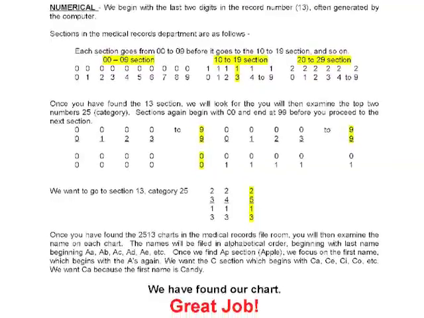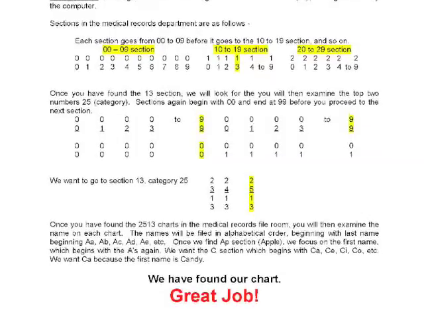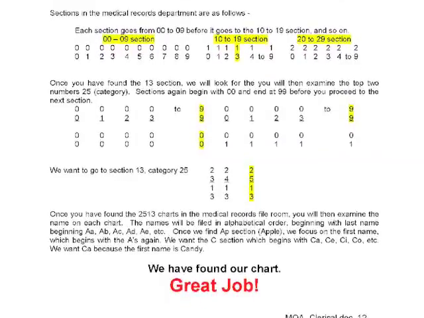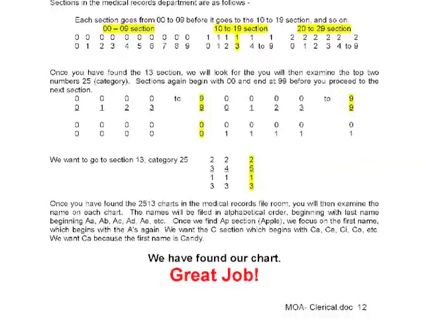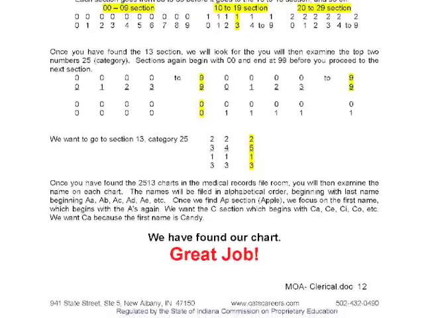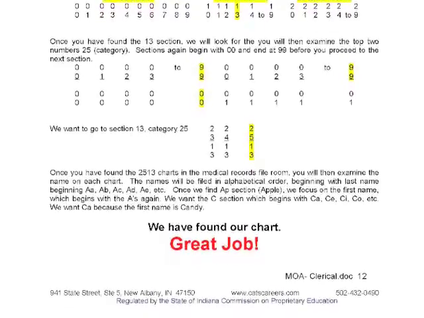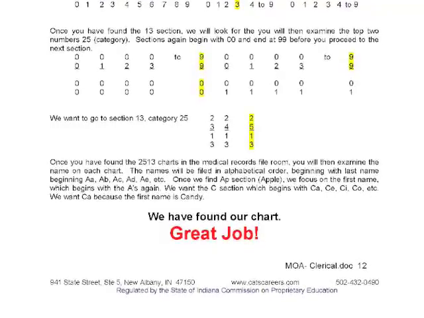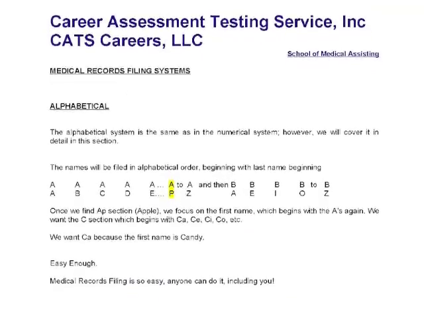Once you have found the 13 section, then we focus on the top 2 digits. Once again, it starts with 0. We want to find the 25th chart in the 13 section. Once you have found 2513 charts, then we focus on the alphabet.